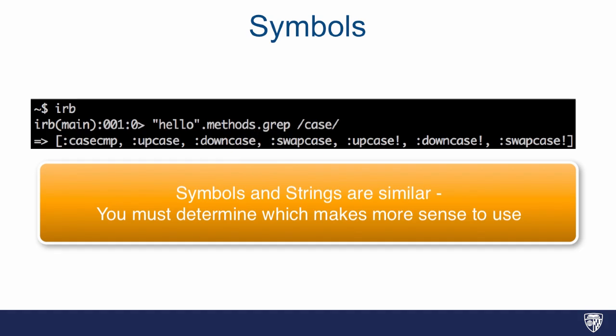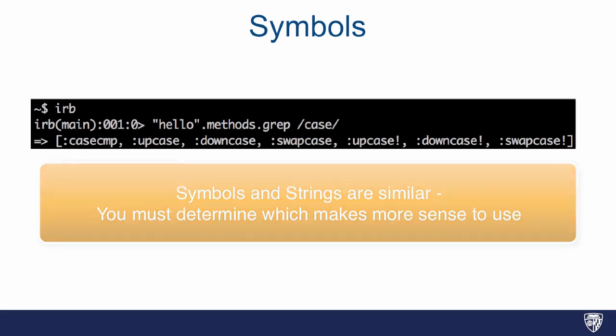But it really just becomes a matter of taste a lot of times. Some things just make more sense as a symbol, and other things make more sense as strings. And sometimes, as we'll see when we get to hashes, it actually makes a lot of sense to use a symbol as opposed to a string.